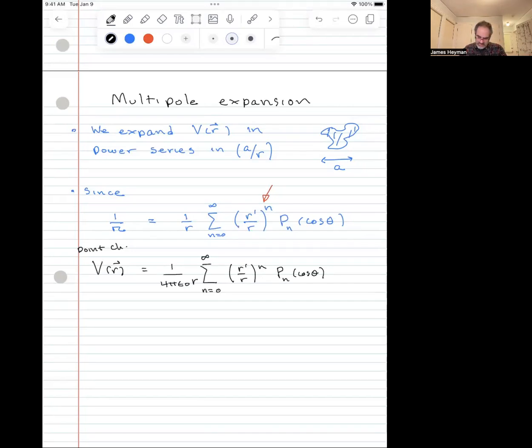Finally, we said for an extended charged object, that V of r could be written as 1 over 4 pi epsilon naught times the first part of this looks just like our sum from before.